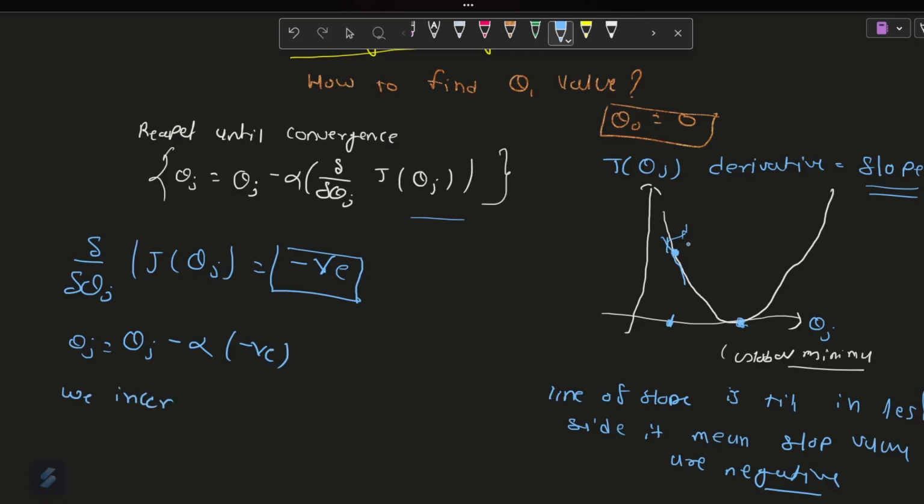When the slope is tilted to the left and negative, we increase the theta value, and it comes closer, first here and then here.